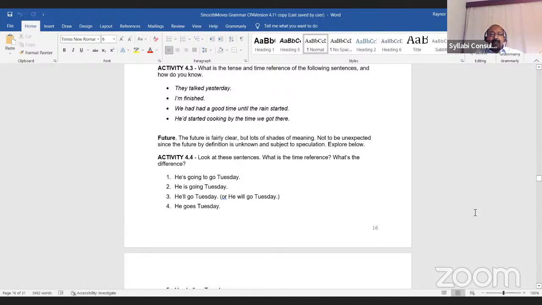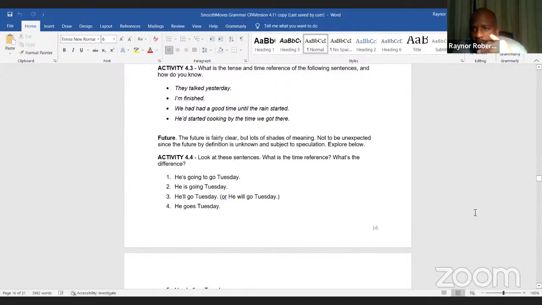He's going to go Tuesday. He's going Tuesday. I feel like it's intent, but it's also like a persistence. To me, the second is like something on the calendar, like your secretary says: he's going Tuesday because it's on the calendar. I'm reading it on his calendar. He's going on Tuesday.